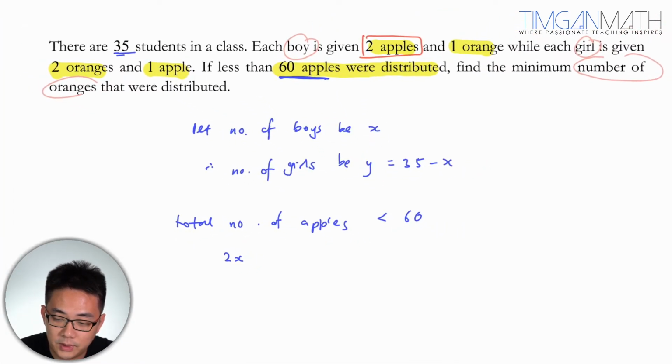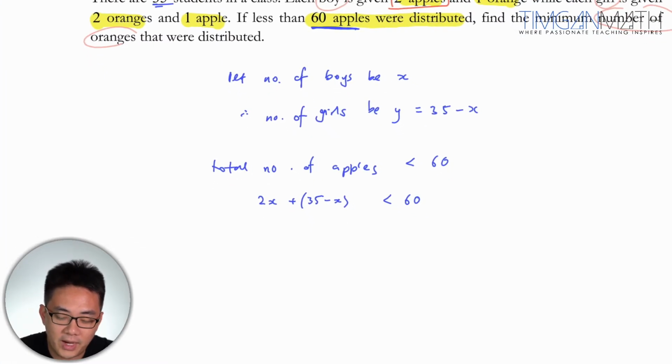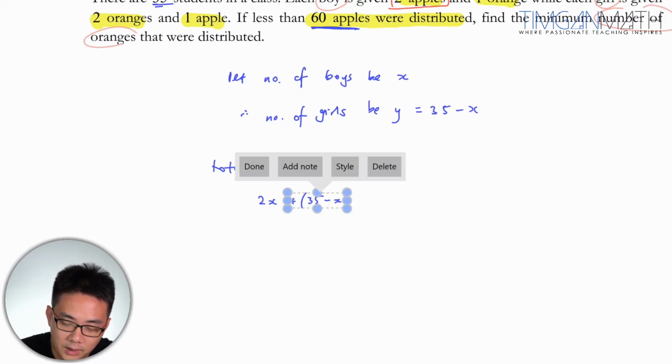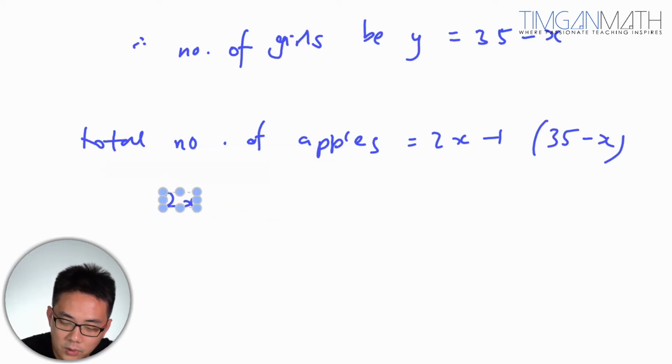And girls were given 1 apple each, so this will be the number of girls. This will be less than 60. So the total number of apples is 2x plus 35 minus x. Simplifying using algebra, it's x plus 35.